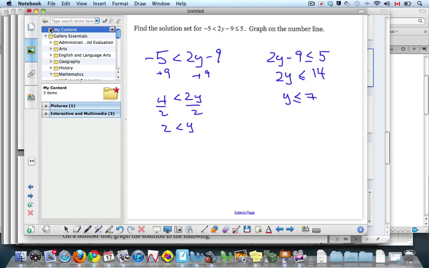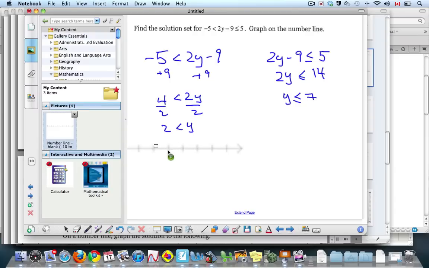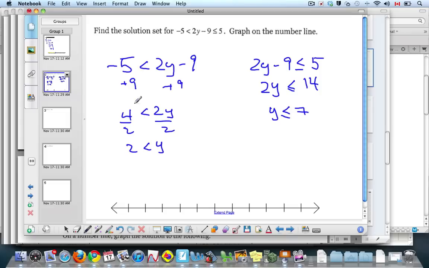If I call this 2 here, then 3, 4, 5, 6, 7. If y has to be greater than 2, that means it's going to be to the right-hand side of 2.